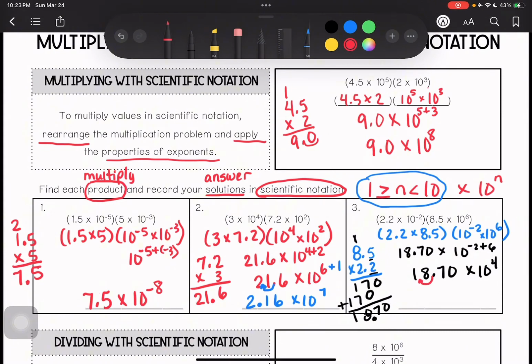So to put it in scientific notation, make that number smaller, and make the exponent larger by adding 1. So my final answer is 1.870 times 10 to the 5th power.